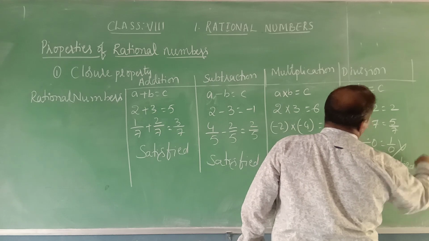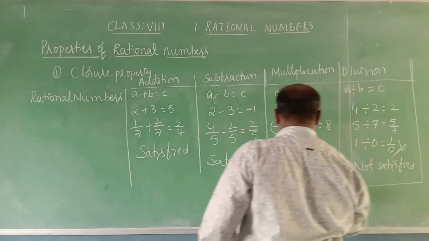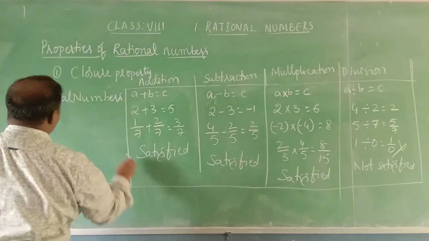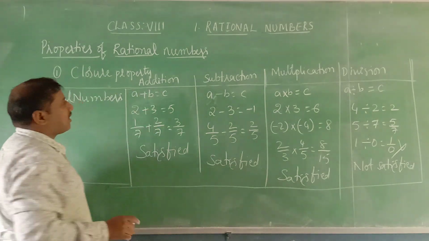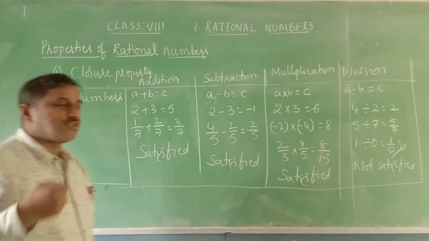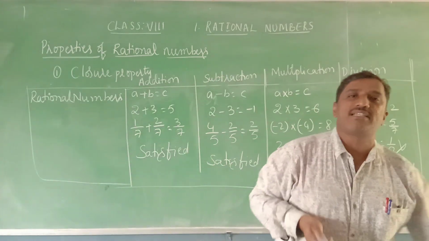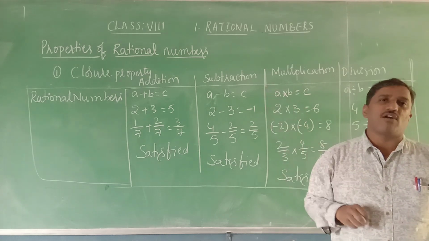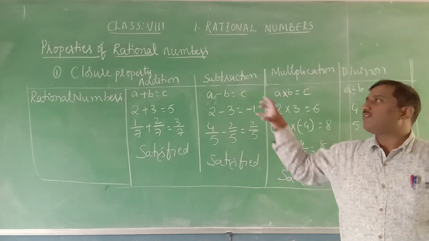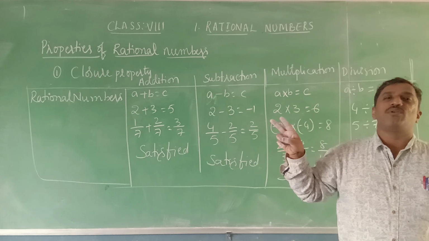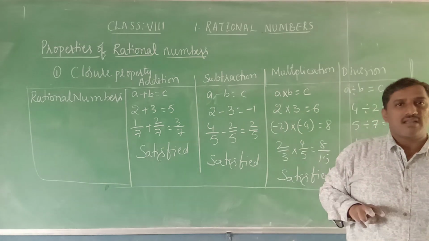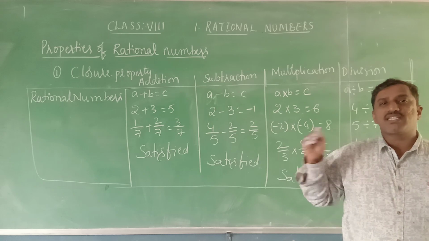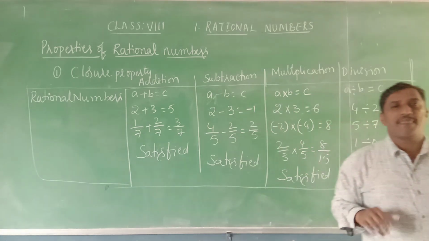So like this, we can discuss the closure property under all four arithmetic operations for the three types of numbers: whole numbers, integers and rational numbers. Whatever the type of number, the statement is common. For addition, the sum of two integers is an integer, the sum of two whole numbers is a whole number, and the sum of two rational numbers is also a rational number.